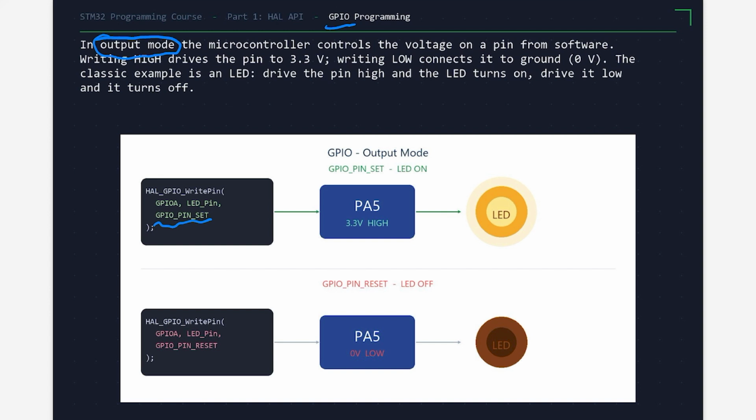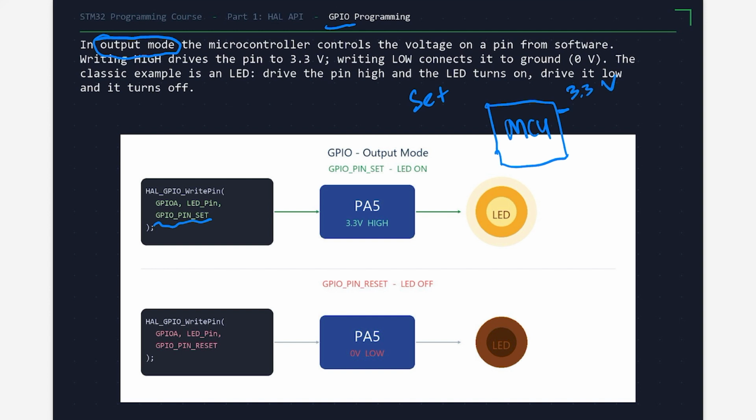So for example, if I draw the body of the microcontroller, okay, this is our MCU. And if I set a specific pin, for example, this one, we will end up with 3.3 volts here.